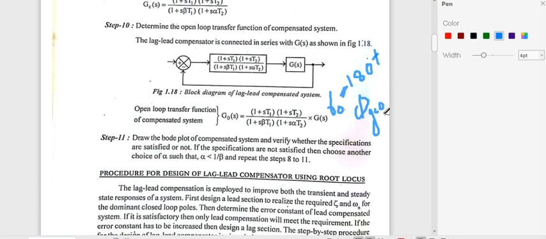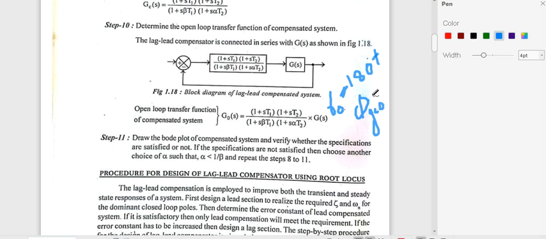The phi GC naught is the phase angle. Write the equation for the angle. From this G naught of S, we can write the equation of phi GC naught. In this phi GC naught, we have an unknown, omega GC. We have a frequency omega that is unknown, and we designed this compensator for a frequency omega GCL.